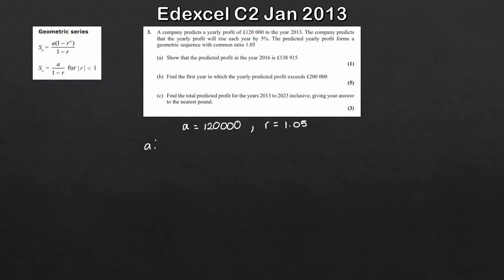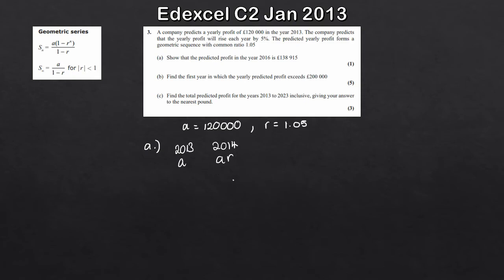For part A, we're asked to show that the predicted profit in the year 2016 is 138,915. Well, how do we do that? Let's just consider how this model actually works, this series. So the first term, A, is for 2013. Then the next year, 2014, will be A times the common ratio, AR.